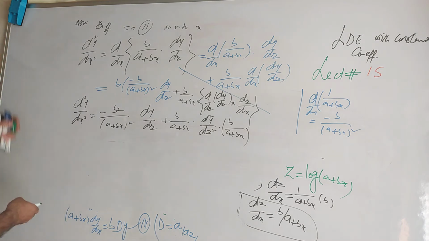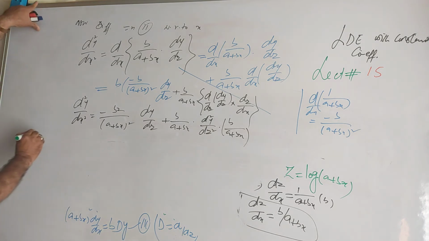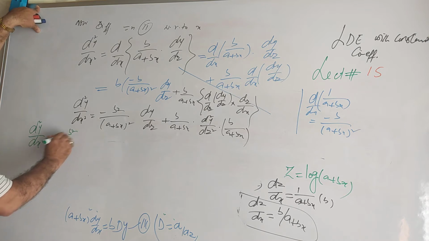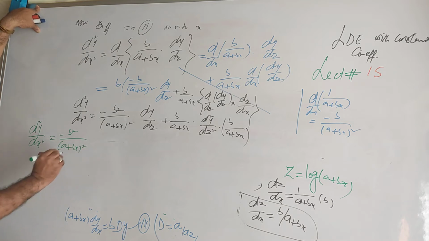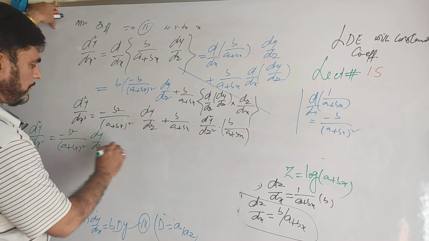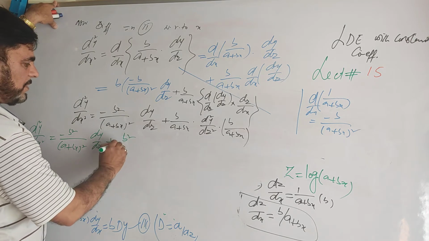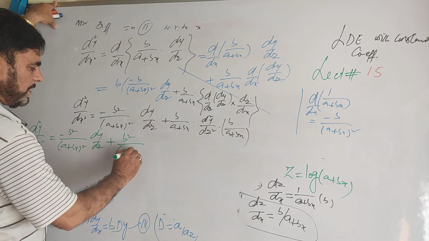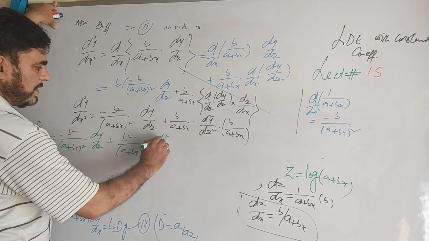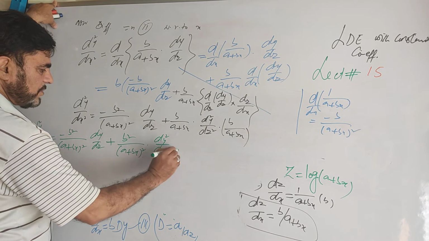Well, on simplification, what does this give us? It gives d2y by dx square is equal to minus b square by (a plus bx) square dy by dz, plus b square by (a plus bx) square d2y by dz square.